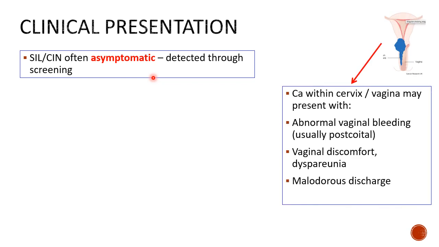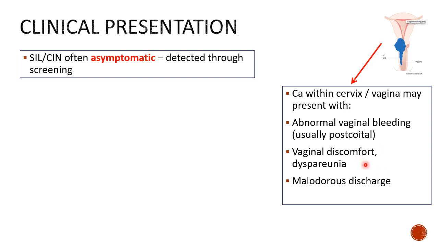If cancer has developed, then it depends on the stage, how extensive the cancer is, so that can reflect the presentation. Most patients will present with abnormal vaginal bleeding, usually post-coital, because obviously the act of intercourse can cause erosion and ulceration and localized bleeding from the tumor.